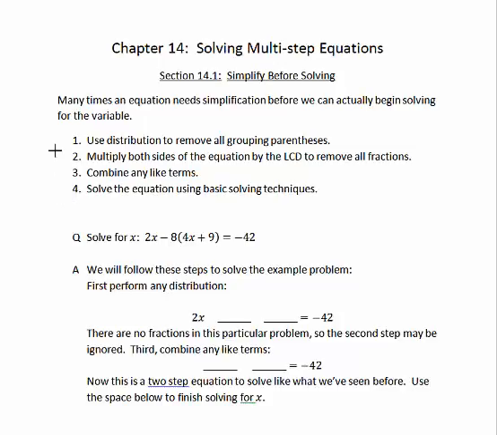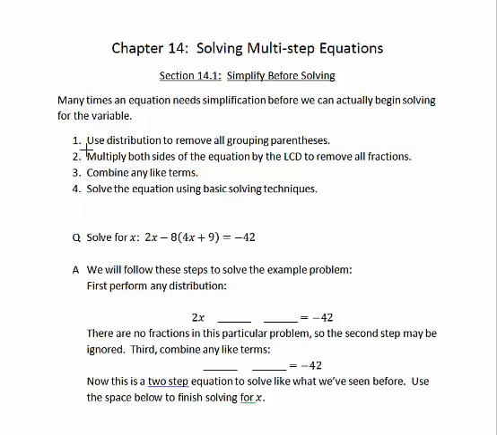It takes a little practice, but basically Chapter 13 was about learning the order of operations backwards. By now you should know the order of operations forward and backwards. So what are these 4 guidelines?